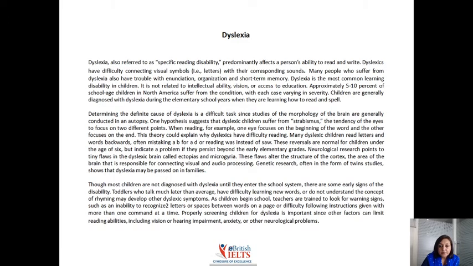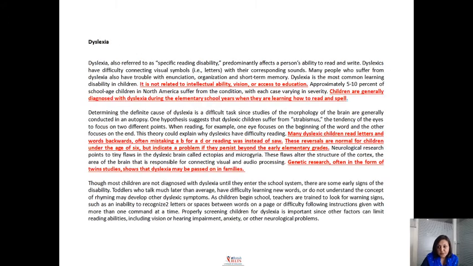Okay, so reading ahead from intellectual ability, the 4th line, I go to the 5th line where it says nothing about elementary school years or the first years of school, but the last sentence of paragraph 1 talks about elementary school years and a diagnosis of dyslexia during this period of time. So I'll show you which one here. Children are generally diagnosed with this dyslexia during the elementary school years when they are learning how to read and spell.